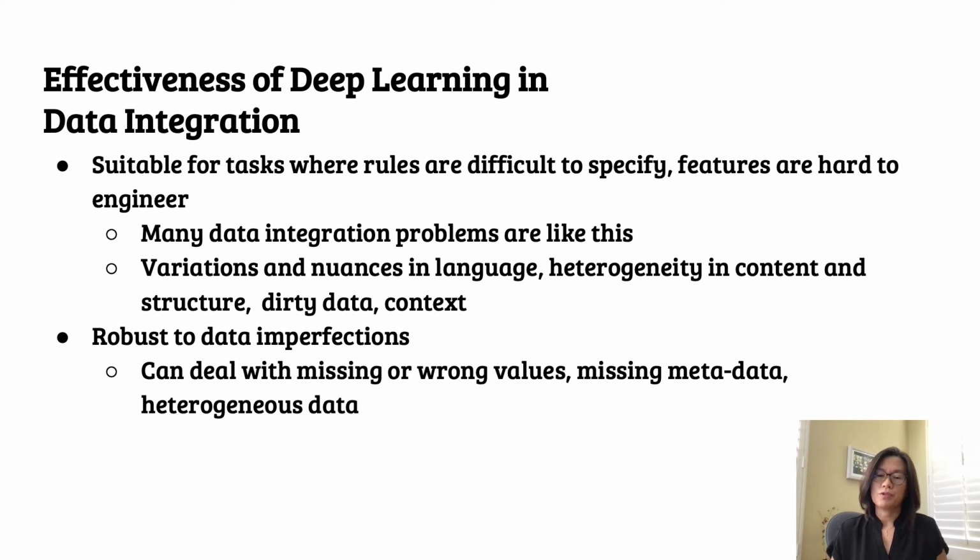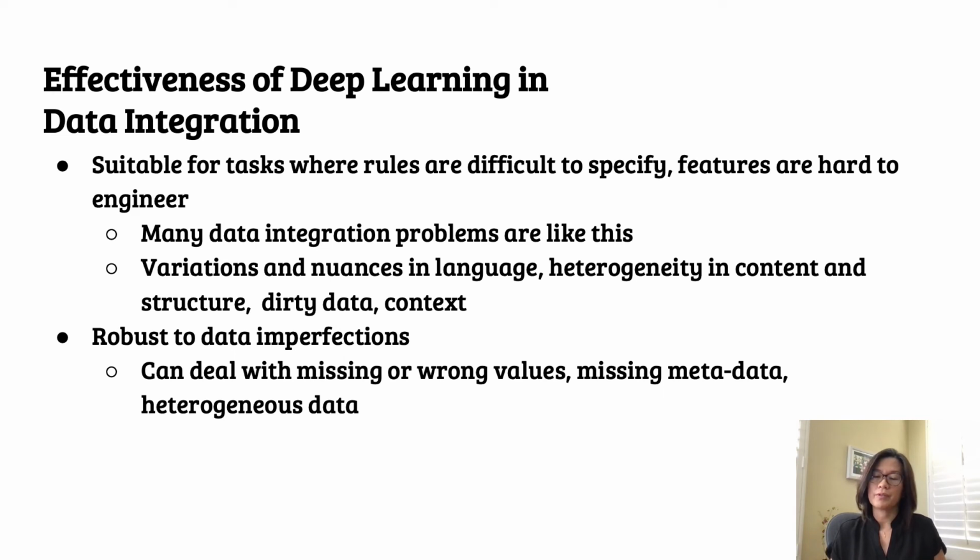For cases where features are hard to engineer, this is exactly what makes deep learning attractive compared to traditional machine learning techniques, which often require extensive feature engineering. And for tasks such as information extraction, entity matching, table understanding, these are exactly tasks where it's difficult to write rules to solve these problems.